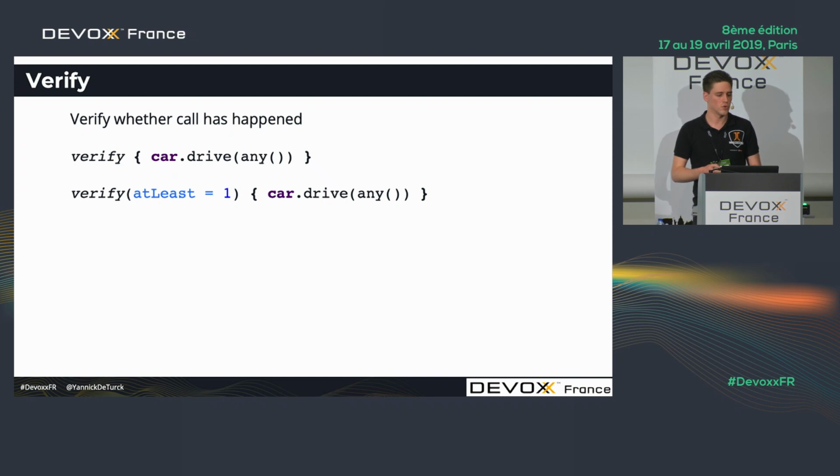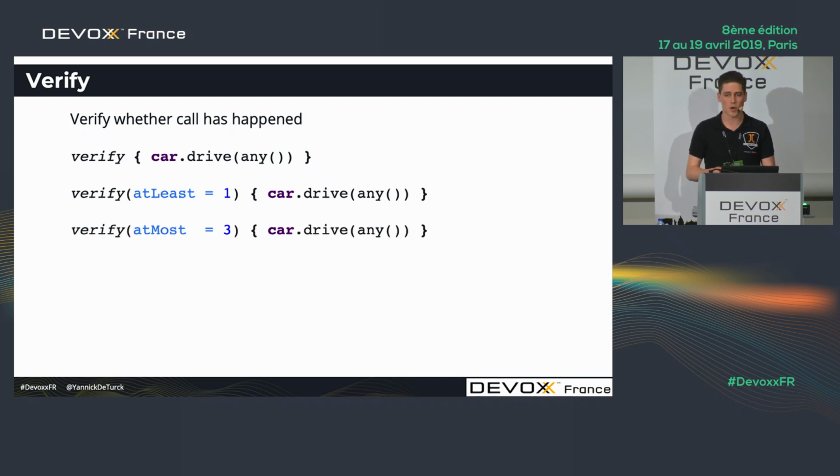Then we can also verify whether calls have been made a certain amount of times. For example, if you want to verify that we have at least one call being made, we can specify this at least parameter here. You can also specify a maximum amount of calls that may happen, like here with the at most parameter.